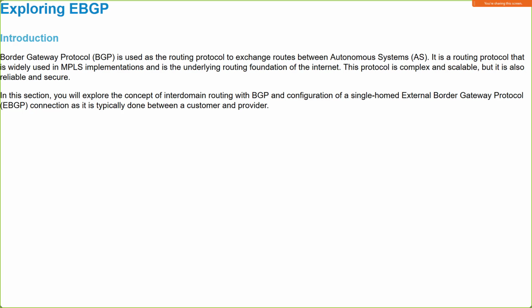And then overall, the protocol itself is just completely different. We define it as a path vector routing protocol as opposed to distance vector or link state because it uses various BGP path attributes. And we'll pull up a great Cisco document that talks about the BGP Path Selection algorithm and how it works.